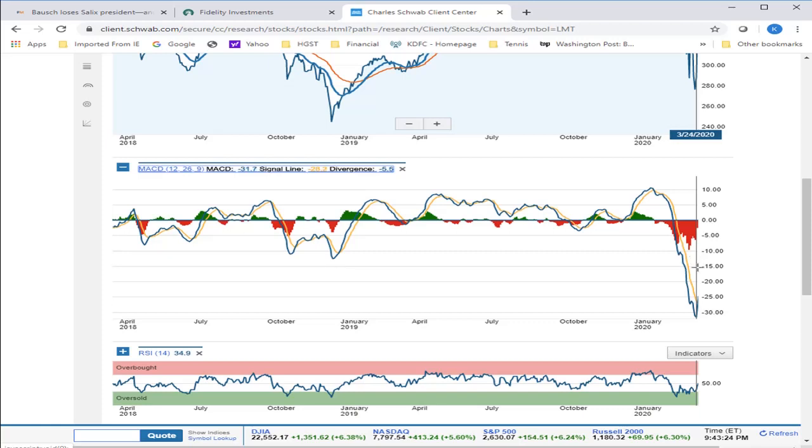And it looks like we had just almost gone to zero on the divergence. So it looks like the faster moving MACD line is just crossing over the signal line, which is the slower moving one. So this is a possible good indicator that you can start nibbling on this particular stock.